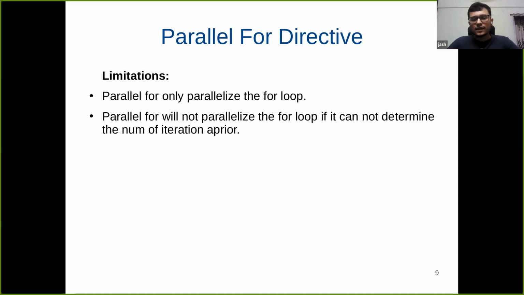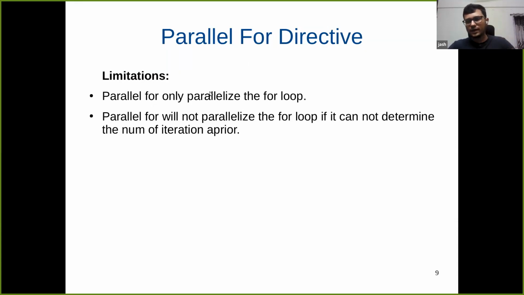The second limitation is that we can only parallelize the for loop if the number of iterations is deterministic. So if it can determine the number of iterations beforehand, only then will it parallelize the for loop. Otherwise, it won't be able to parallelize those for loops. So let us look into these 2 points using an example.